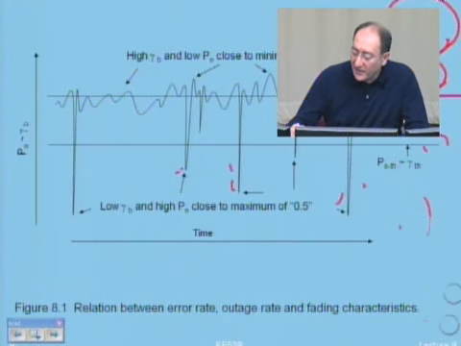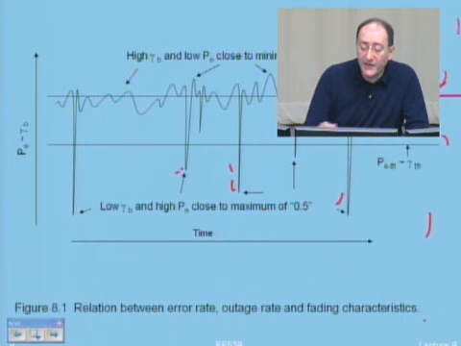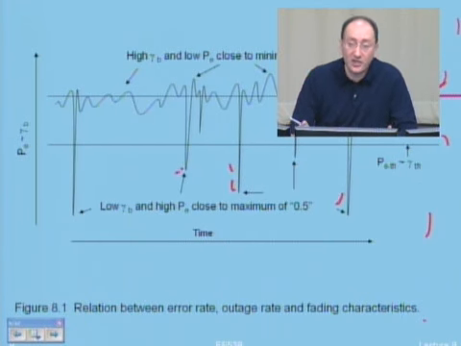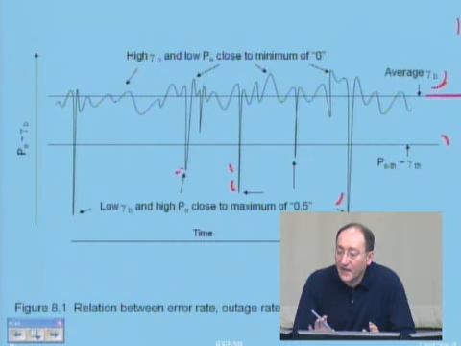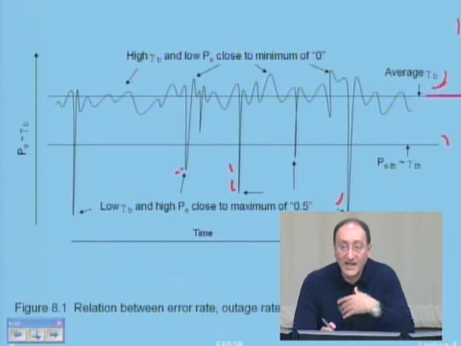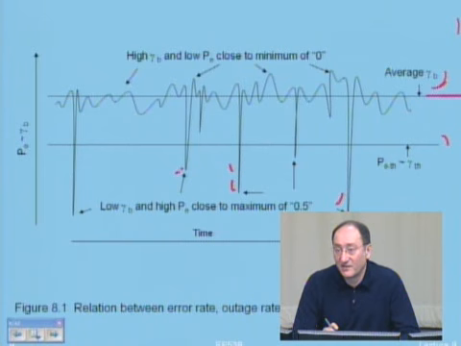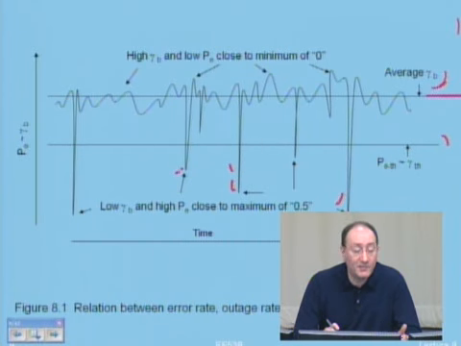Then I said, let's take the Rayleigh fading as an example and do some computation. I calculated the average probability of error on the Rayleigh fading, and then I told you that the error rate is now drastically worse.